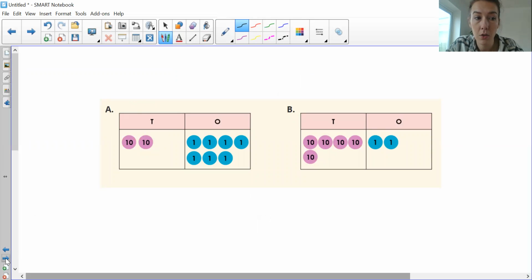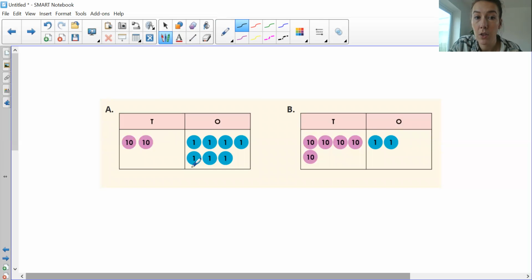Okie doke, we've got two place value grids here with two different numbers. So you might have a question that could ask you what these numbers are and what the total amount is. So that's what we're going to do together. Step number 1, find out what these numbers are. We've got 2 lots of 10, so you know it must be 20.